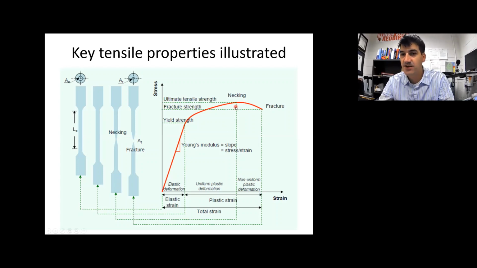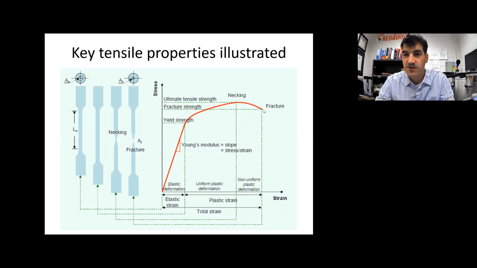So that necking occurs right around the point of the ultimate tensile strength. This point right here is the ultimate tensile strength, and after that you start getting necking, and then eventually you get failure right here. So you should know these different points of the curve. You should know the yield strength. You should know the ultimate tensile strength.